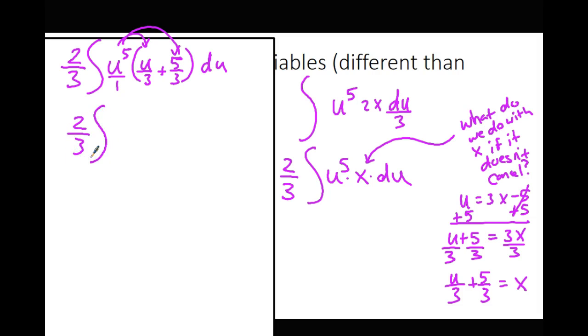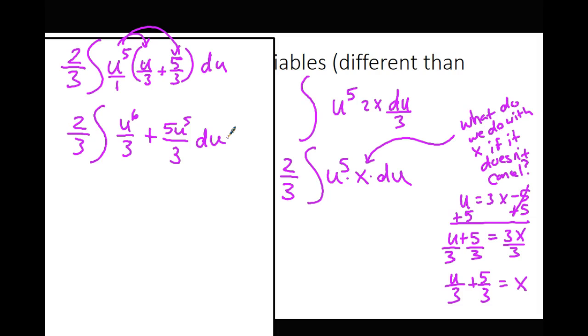So if I distribute, what's the first one become? What's u to the 5th over 1 times u over 3? Plus, how about the next one? 5u to the 5th over 3, right? Just distribute.